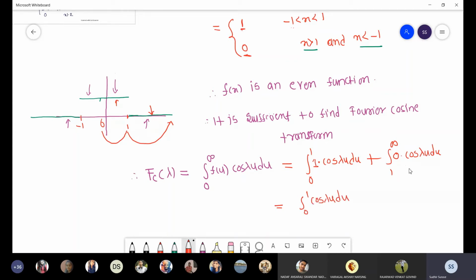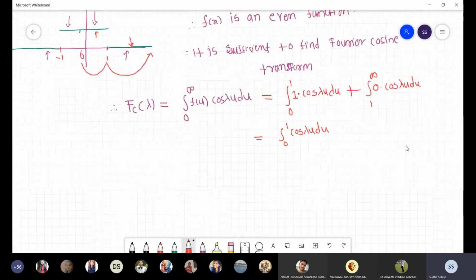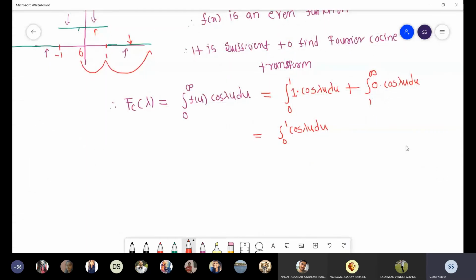Okay, fine. Now we know how to solve this with respect to u. Integrating cos lambda u with respect to u, we will get sine lambda u divided by lambda, because this time lambda is just a constant number and we can take it to the denominator. Sorry, it is not minus, it is plus, because the integration of cos lambda u is sine lambda u, and the integration of sine is minus cos.